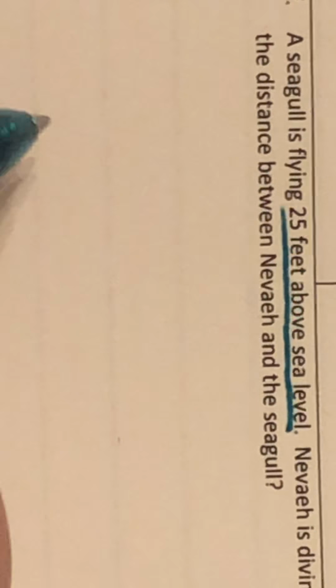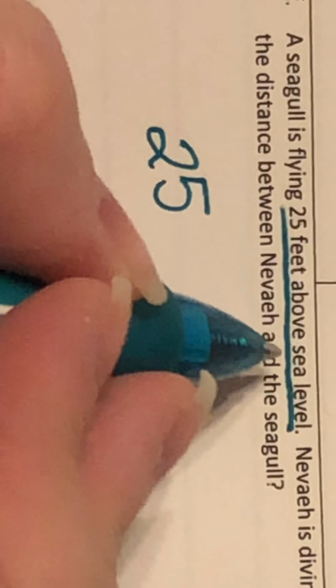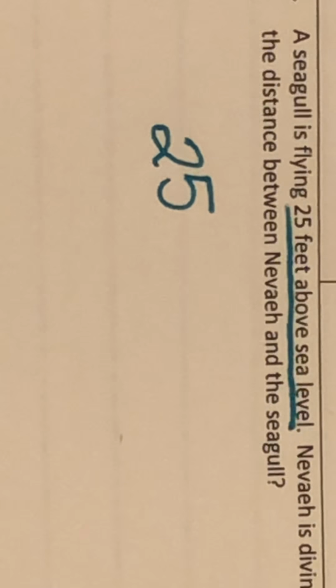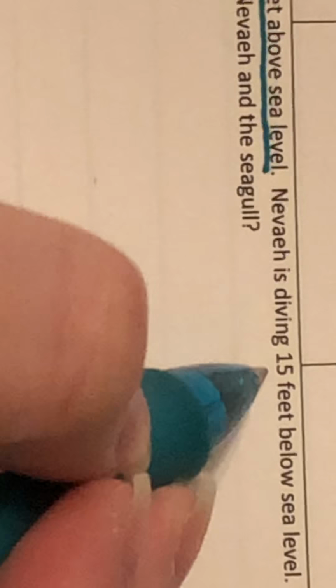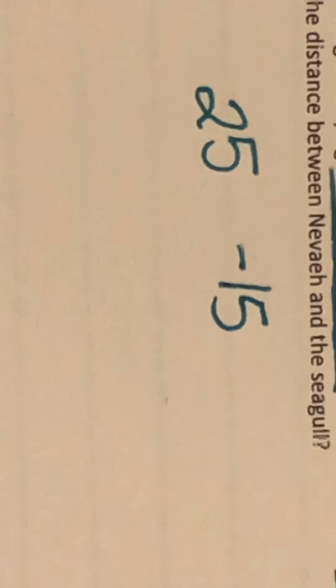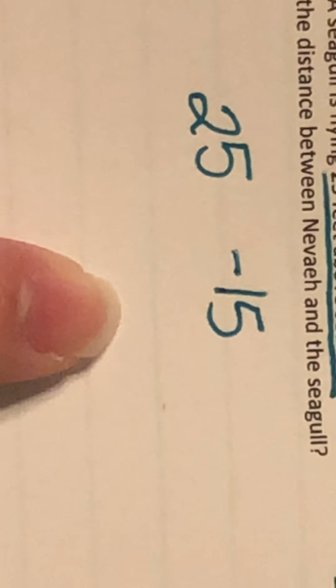So the integer that I'm going to write for that is a positive 25 because it's above sea level. Okay, and Nevaeh is diving 15 feet below sea level. So that's a negative integer. So minus 15. So these are my two integers, 25 and negative 15.